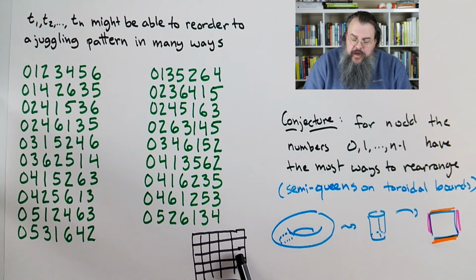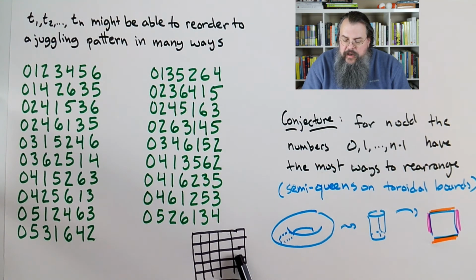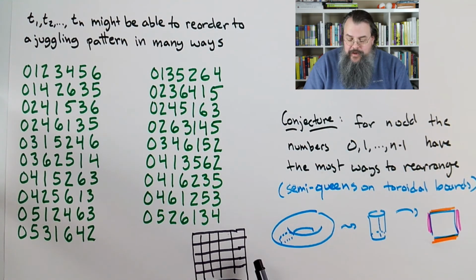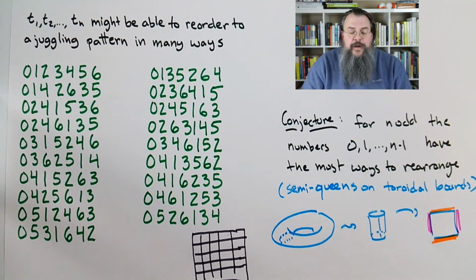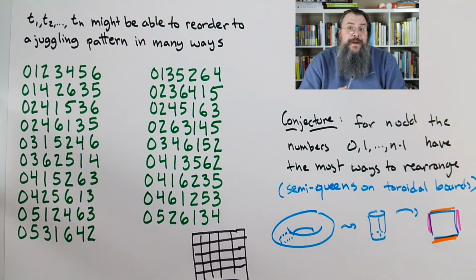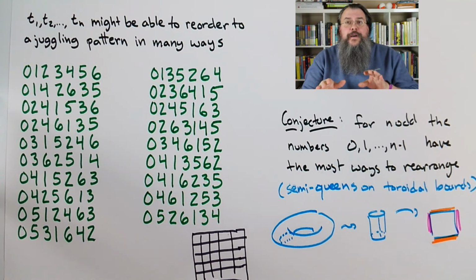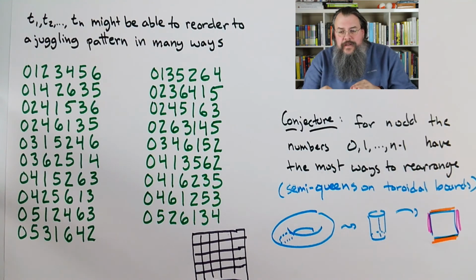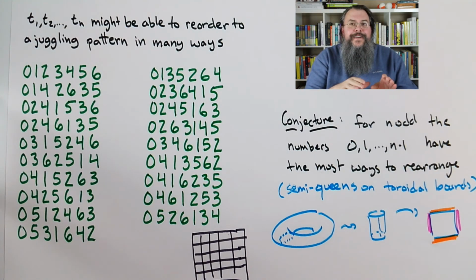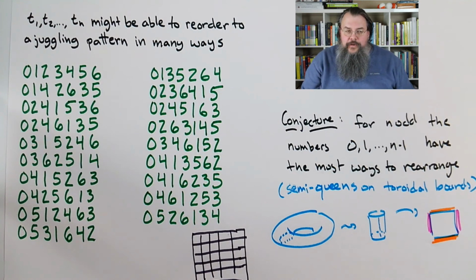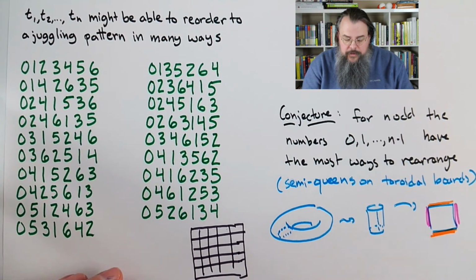For example, if I were a pawn, normally I can only move one step, but here I can also move to the other side one step, or I can move up diagonally one step. What's a semi-queen? A semi-queen is something kind of halfway between a queen and a rook. A rook is allowed to go any amount on the horizontal or vertical.